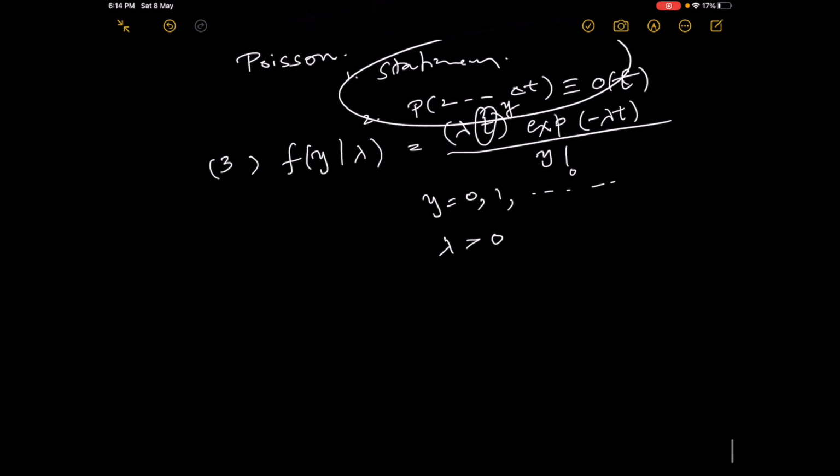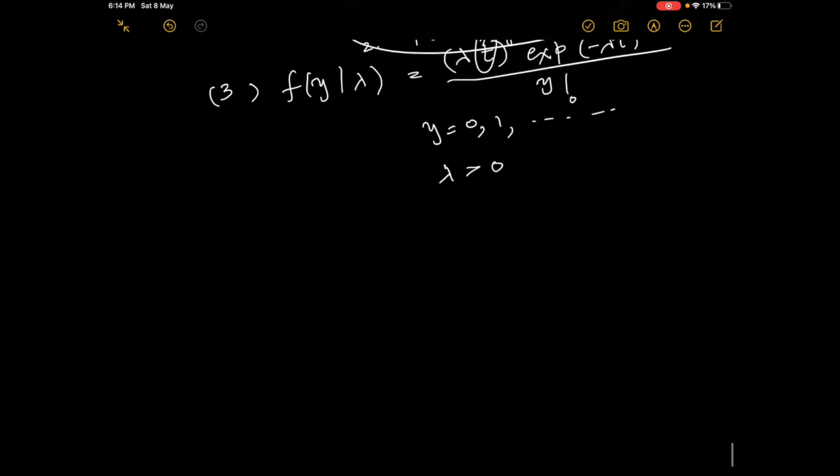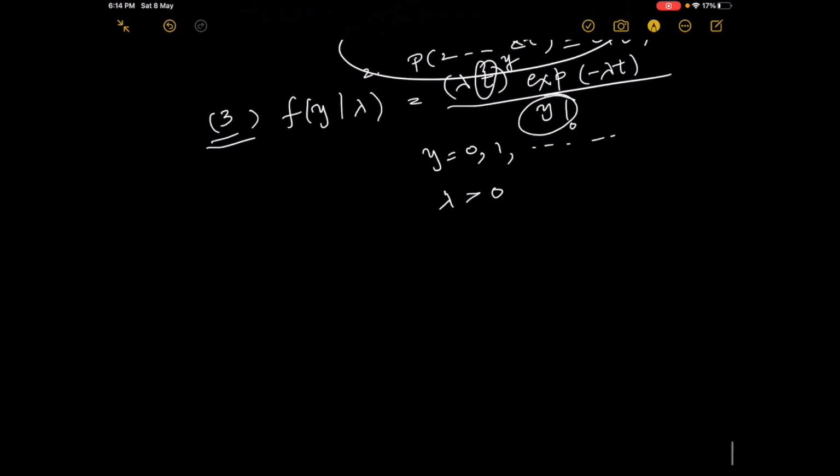So the mean number of failures per unit time, which is lambda, becomes the unknown model parameter for us today, which we want to estimate. Now, when I view this expression 3 as a function of lambda, given the observed failure counts, the y's, which are known, then this expression 3 will represent the likelihood function for the failure count data.